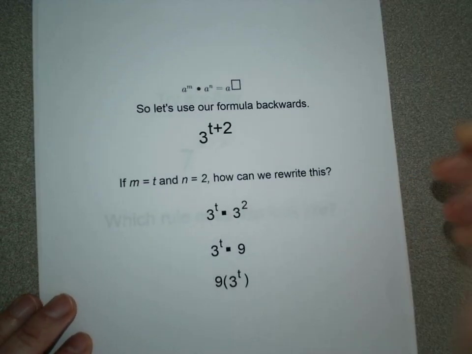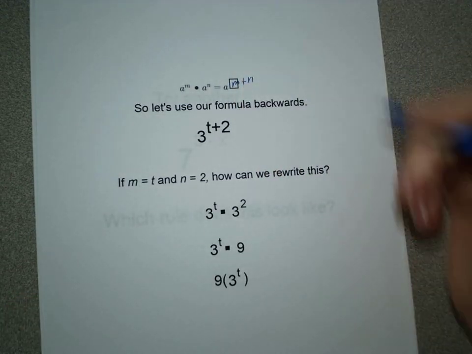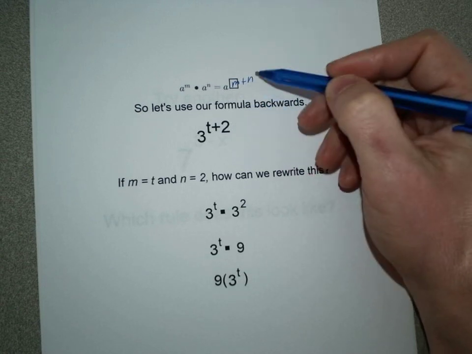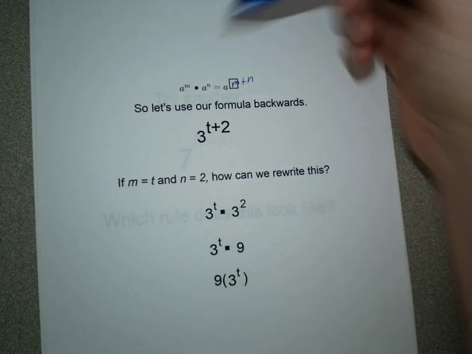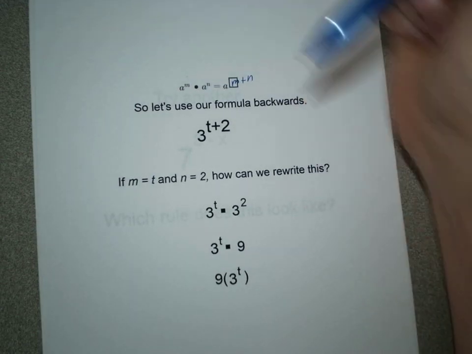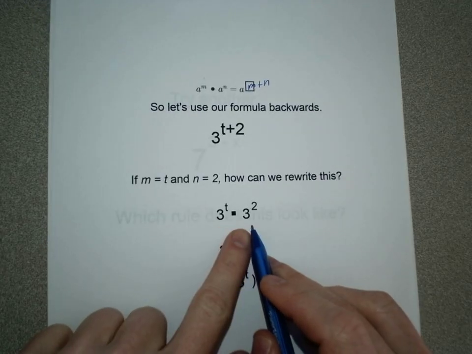So again, this was a to the power of m plus n. 3 was in the place of a, t was in the place of m, and 2 was in the place of n. So we can rewrite it. If the original equation had to be a to the power of m times a to the power of n, that means my a value is 3.